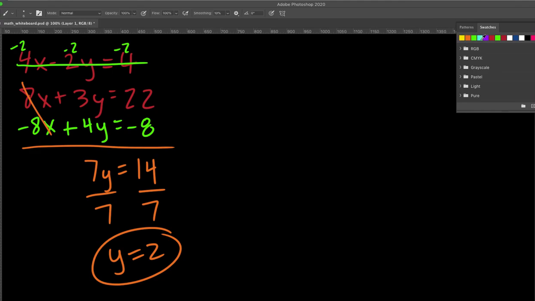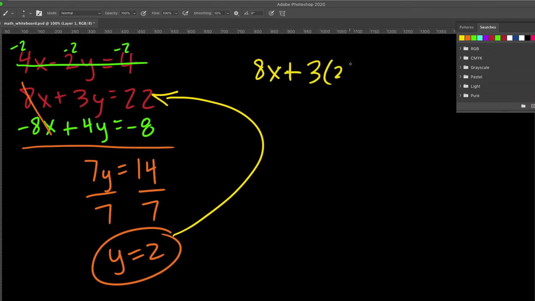Now we found y first, that's okay. We're going to take this and just plug it in to either of the originals, and we get 8x plus 3 times y, which was 2, equals 22. Okay, so now we just multiply. 3 times 2 gives us 6. And then we just do some basic algebra.